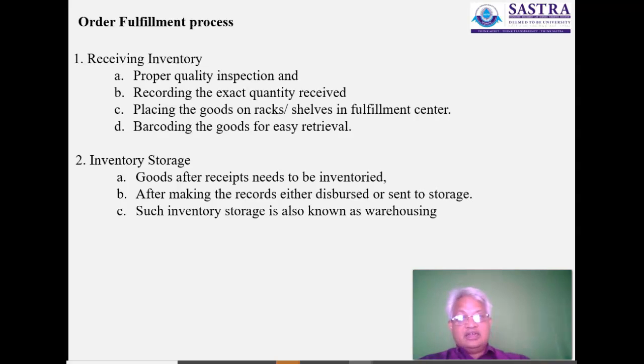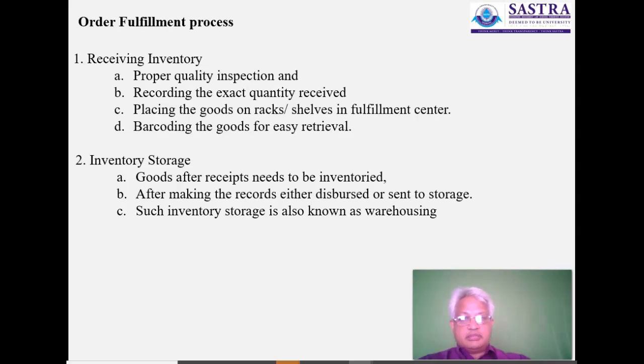For that, you require barcoding, and essential barcoding is pasted on each of the products or the boxes or the kind of packaging in which the material arrives and placed in the shelf in the fulfillment center. Of course, here may I also reiterate, fulfillment center is another name for a warehouse.